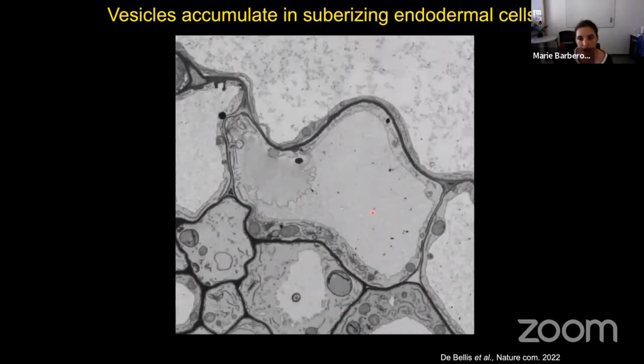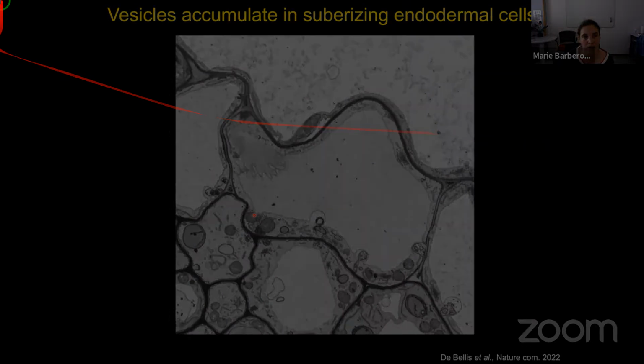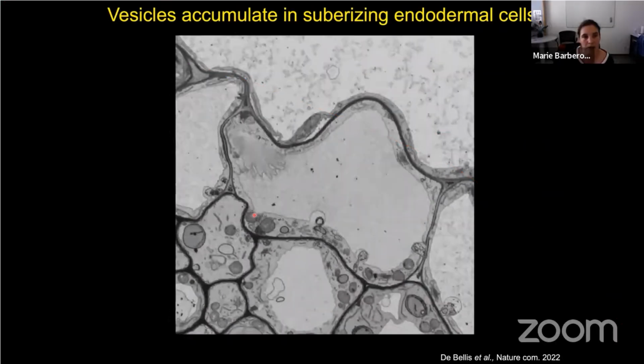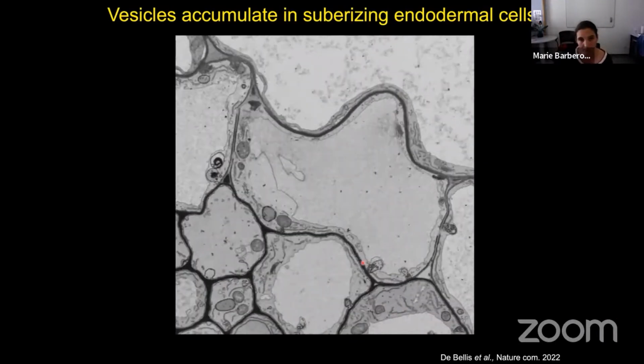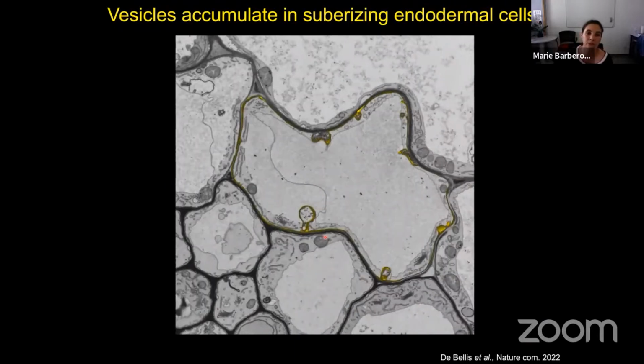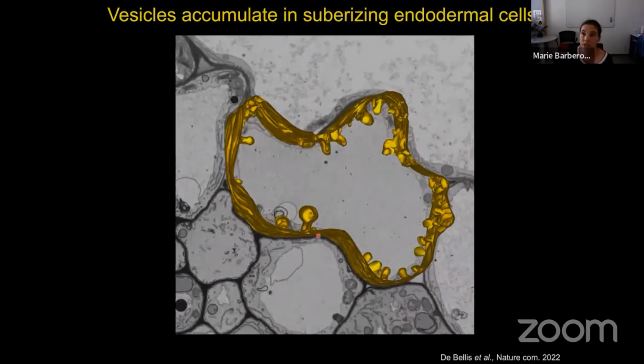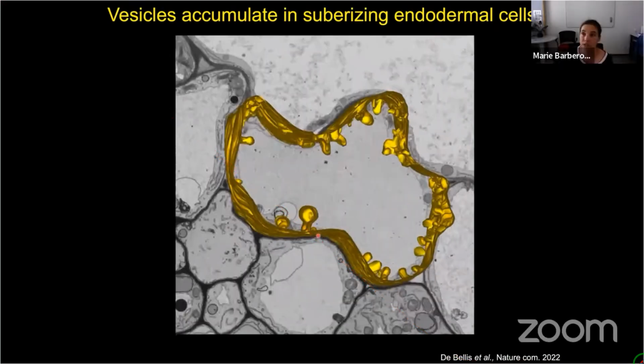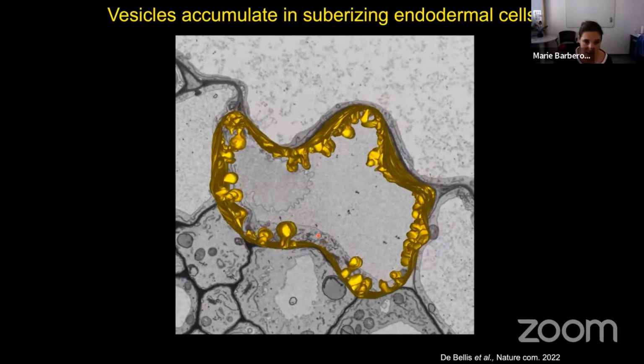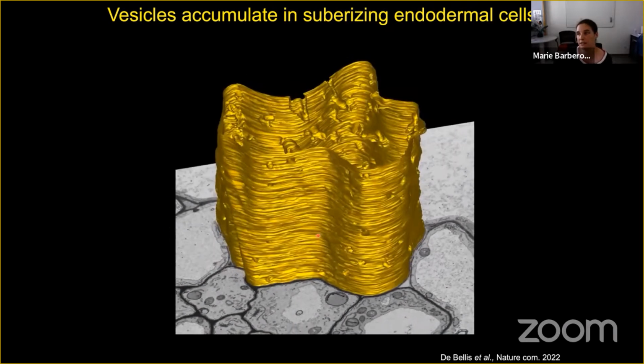Here you have one, here you have another, and so on. Now we are moving in Z, and then we will do the 3D reconstruction. This is a suberizing cell, and if we do a 3D reconstruction, we see a very high density of these vesicles accumulating at the periphery of suberizing cells.